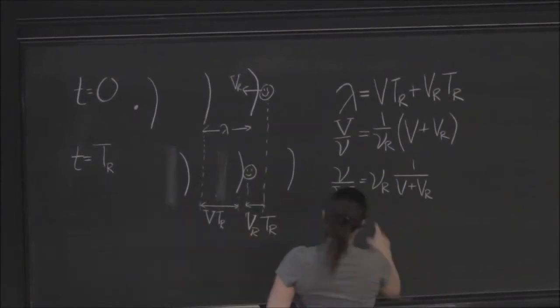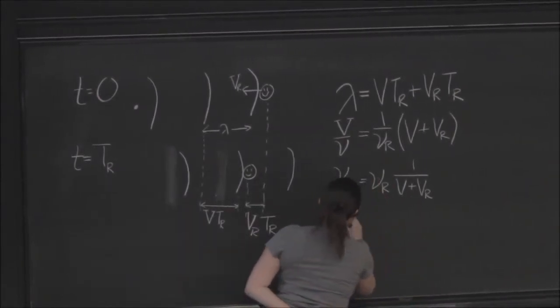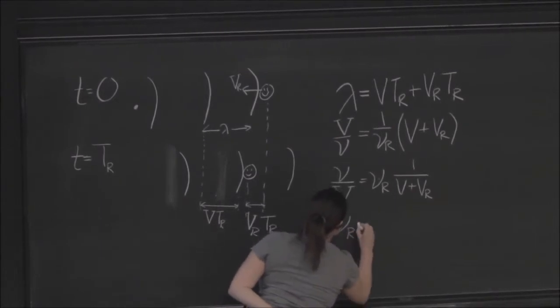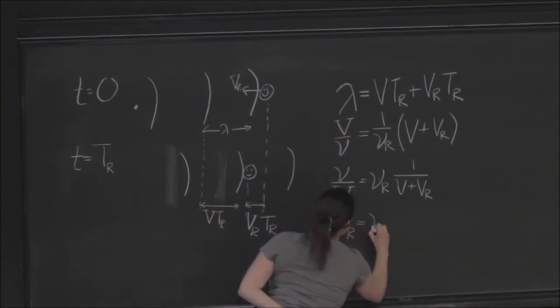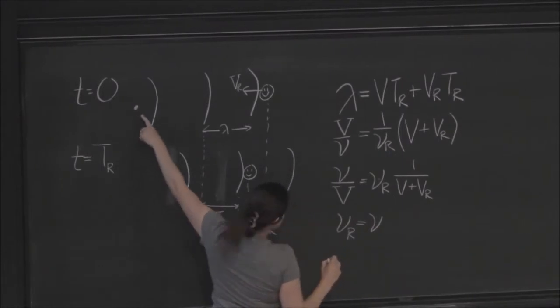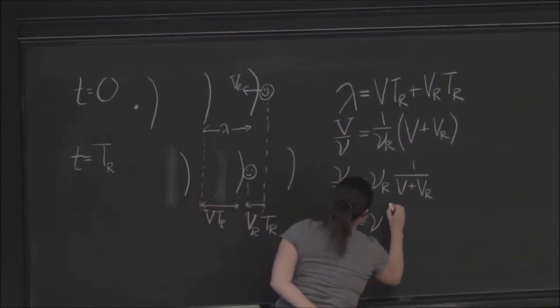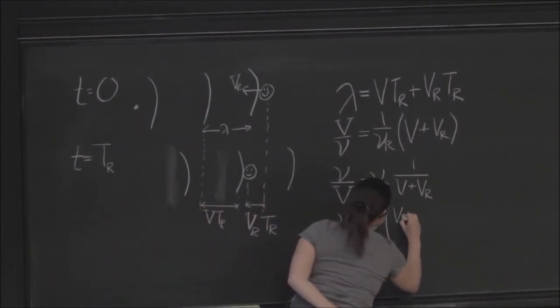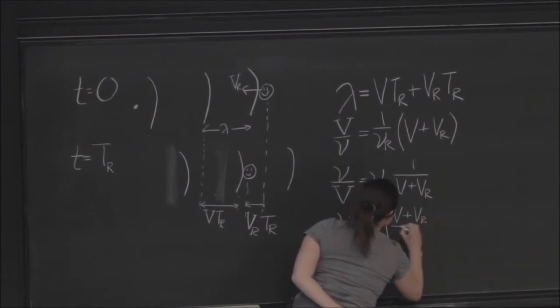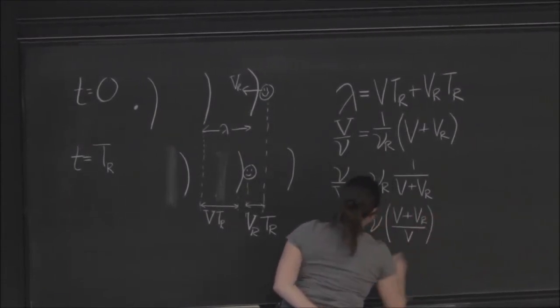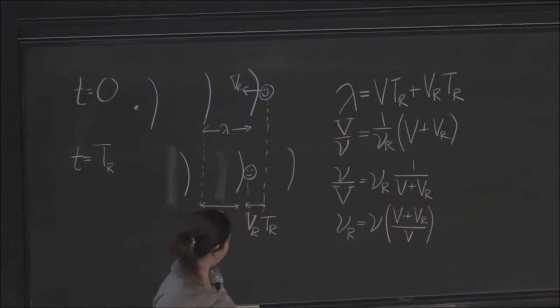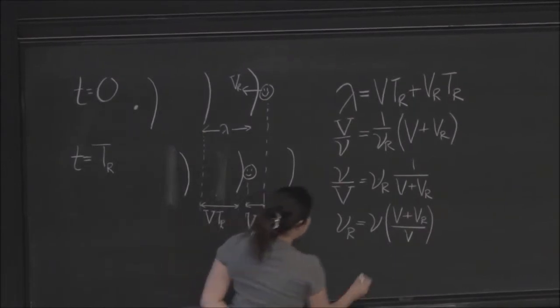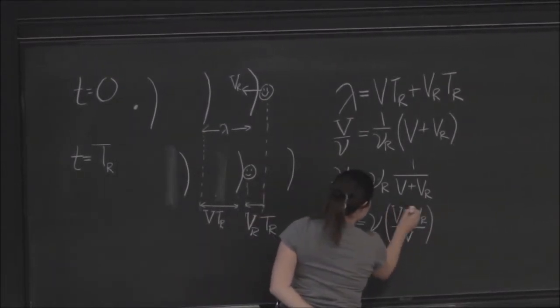So if I solve this for the frequency that is heard, I'm going to get the frequency that was emitted by the source times the speed of sound plus the speed of the receiver, over the speed of sound. Did I do that right?